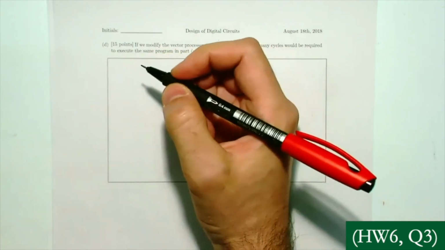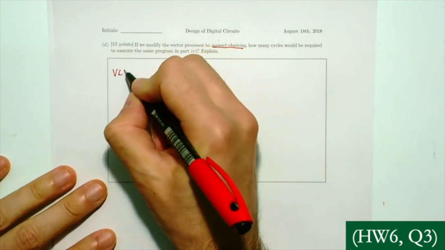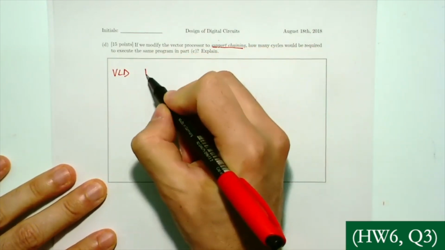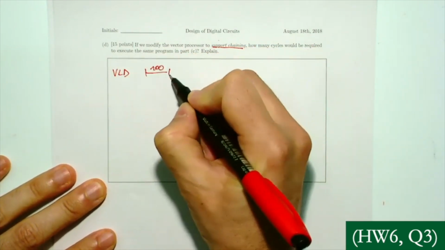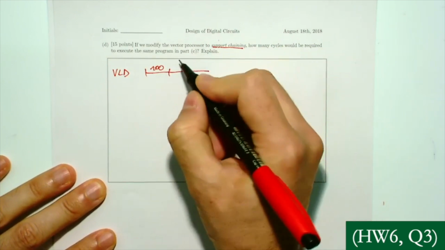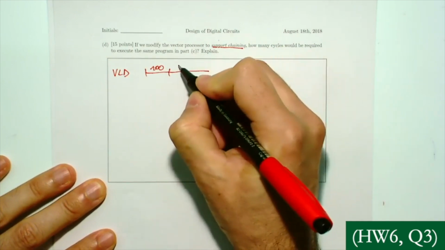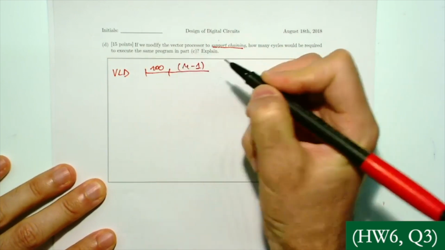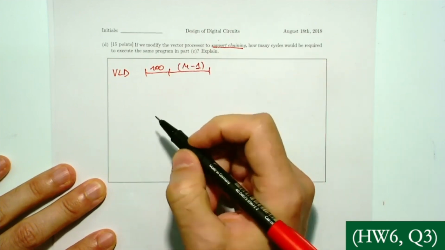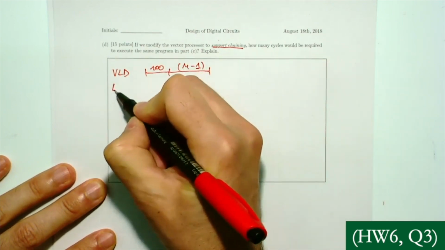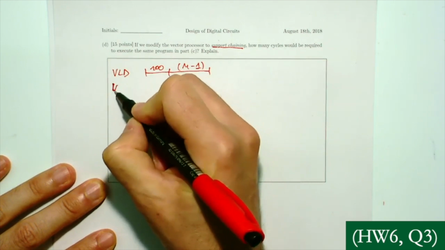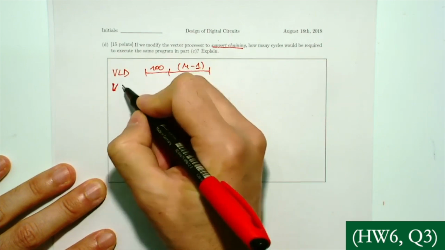Again, it's the same code, right? So we have the load first. We have 100 plus n minus 1. So we have the second load.